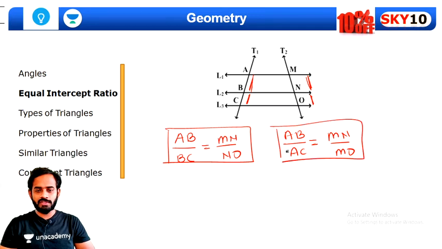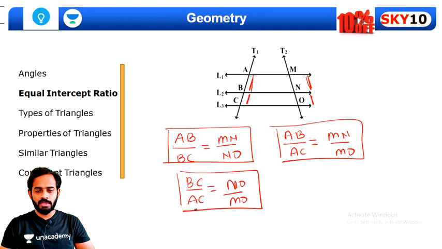This ratio will always be the same. Similarly, we can write BC upon total AC is equal to NO upon total MO. Just remember this. So quite simple. I believe there is no doubt over here.